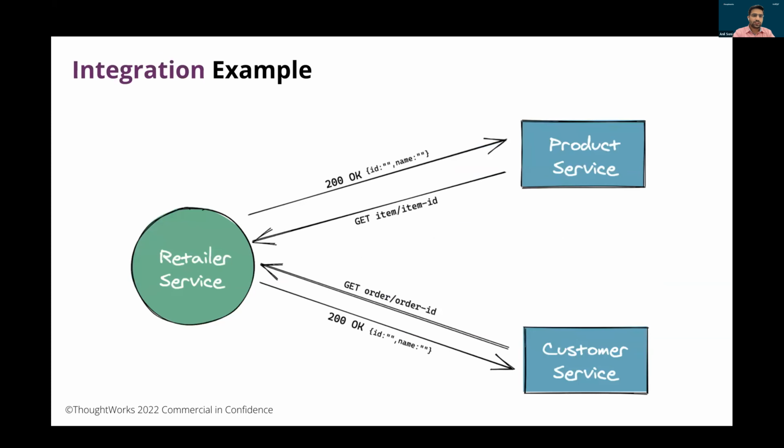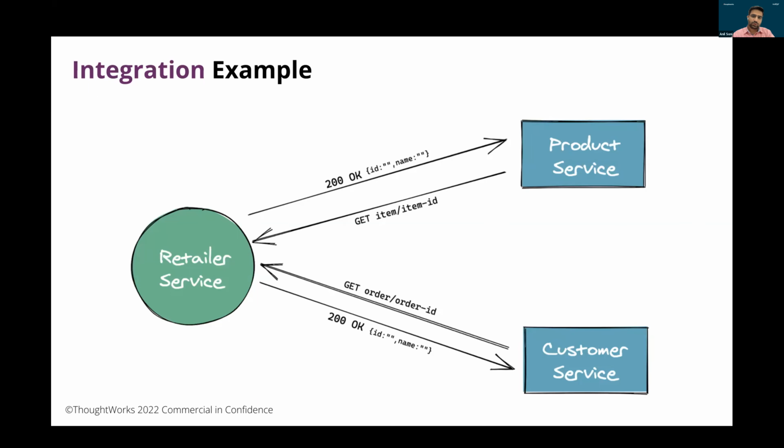All right, let's move ahead. We'll see how the integration happens. This is a simplified version of 3 microservices from a big architecture. As you can see, we have the retailer service, the product service, and the consumer service. The product service communicates with the retailer service through the GET API, item/item ID, and expects a response of 200 with some message.